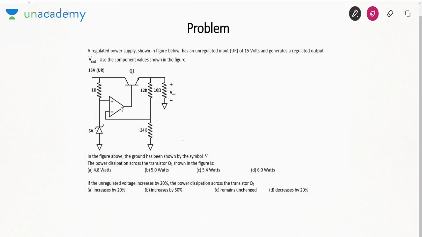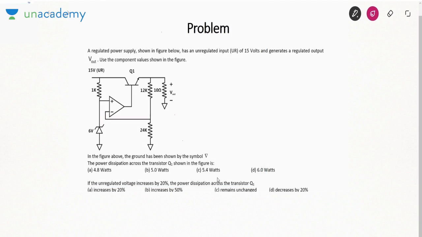Next problem. A regulated power supply shown in the figure has an unregulated input of 15 volt. It generates a regulated output V out. Using the component values shown in the figure, we need to find the power dissipation across Q1.